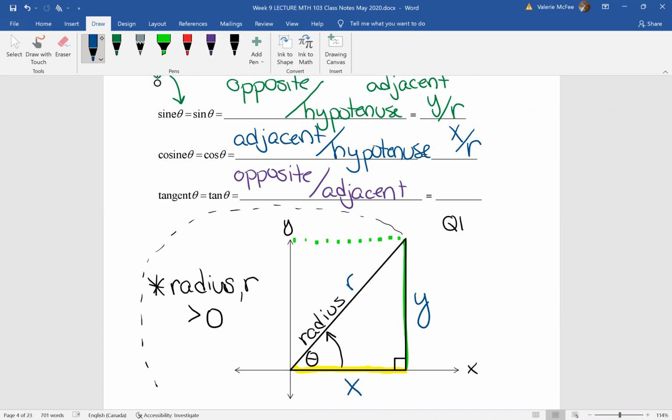For tangent, we have the opposite y over the adjacent x. Notice what we've also said here, that r will never equal 0. And it's important to note for tangent that x can't be 0, because if x is 0, our ratio would be undefined. Make sure you memorize these.